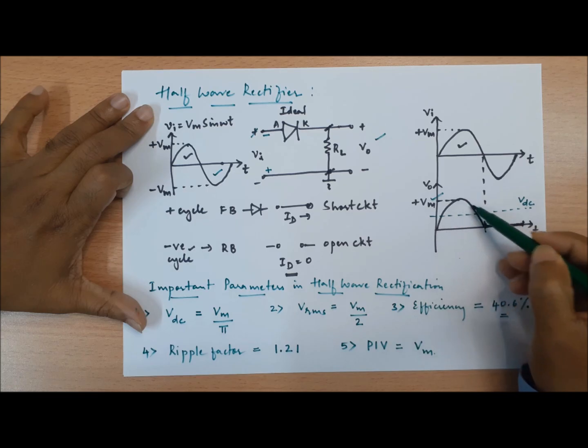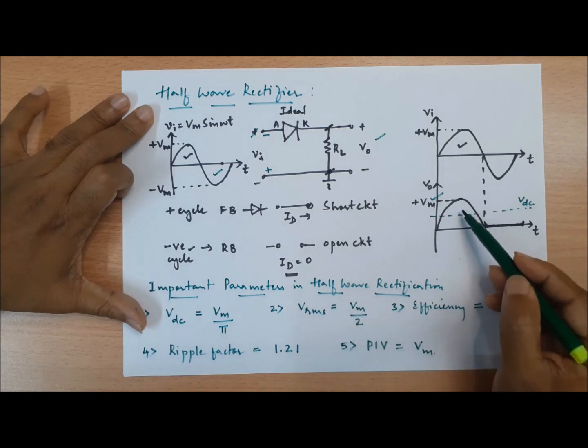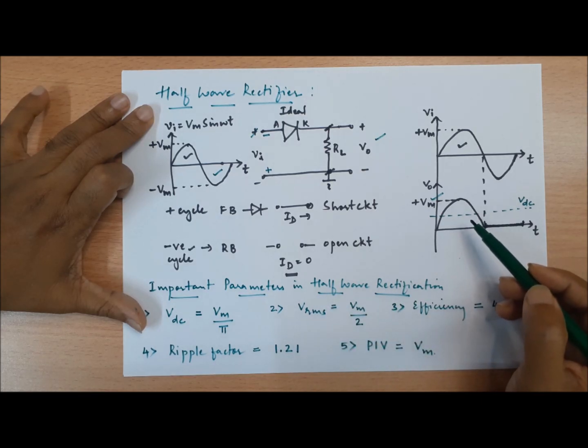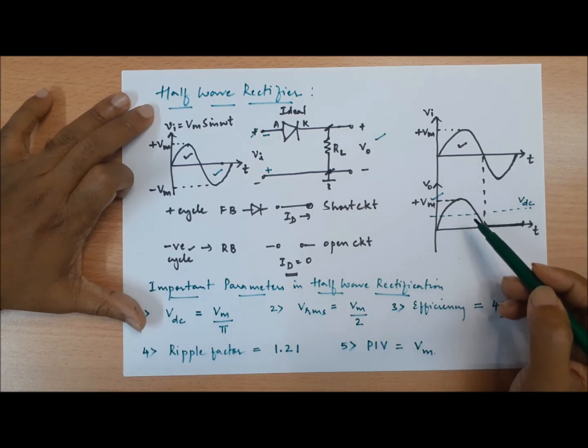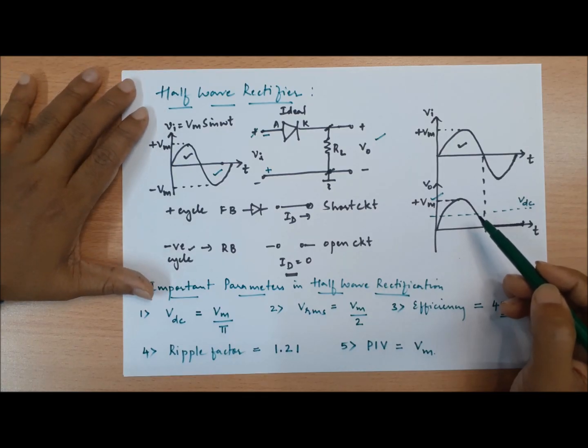There is a sufficient amount of ripples present at the output side. Well, can we reduce these ripples? Yes, they can be reduced, and the solution is to use a filter circuit. Whenever we say a filter, it means we'll have to use a capacitor in parallel to the resistor.